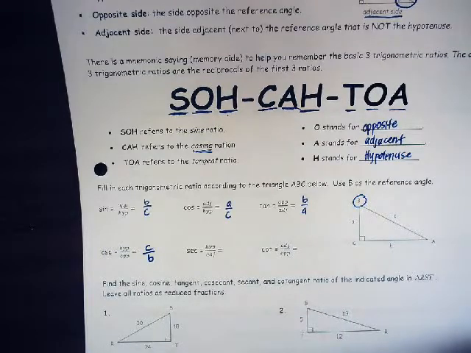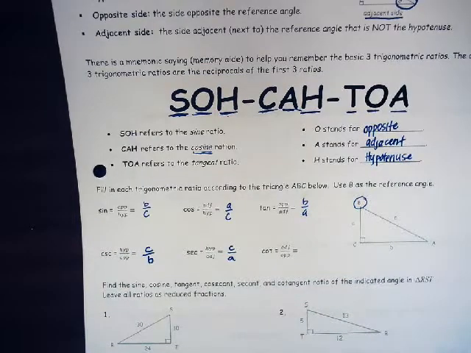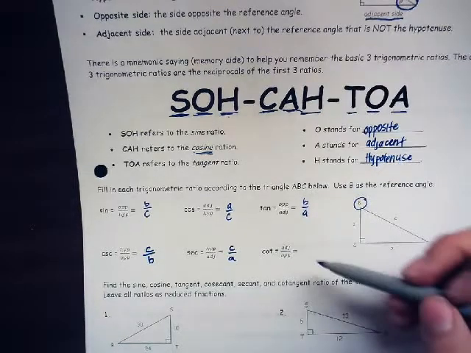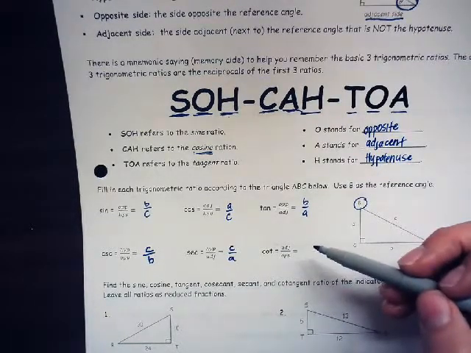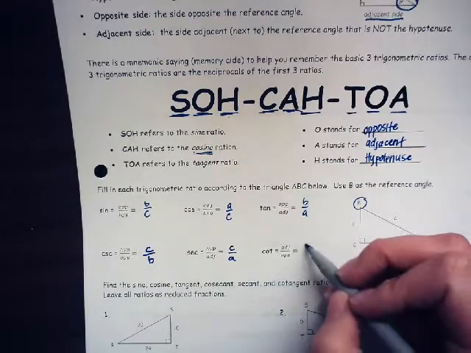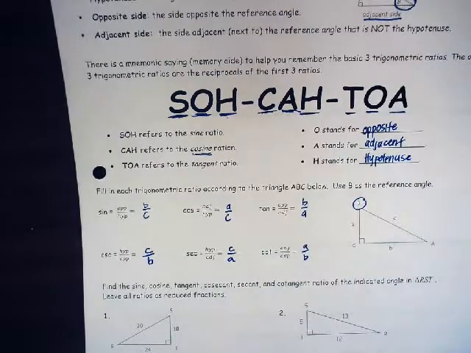So it is C over A. And then the cotangent goes along with tangent. That one makes the most sense, kind of sounds like it, tangent and cotangent. So it is A over B.